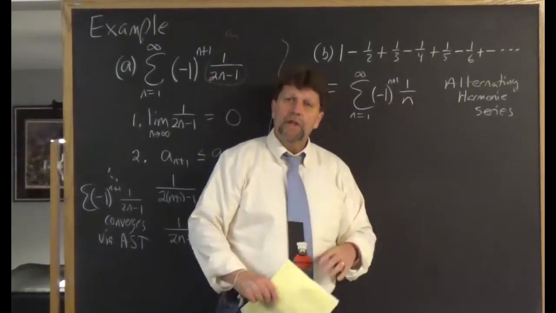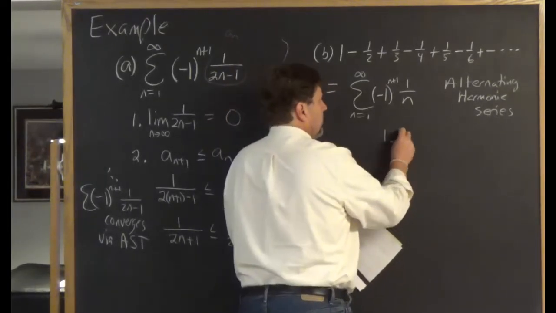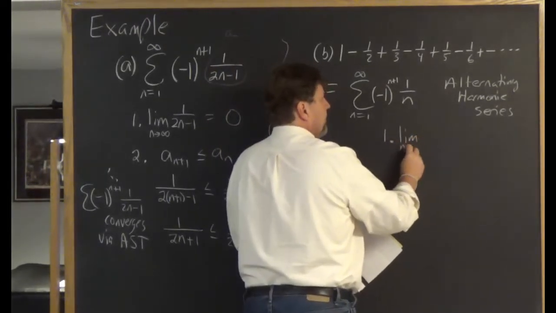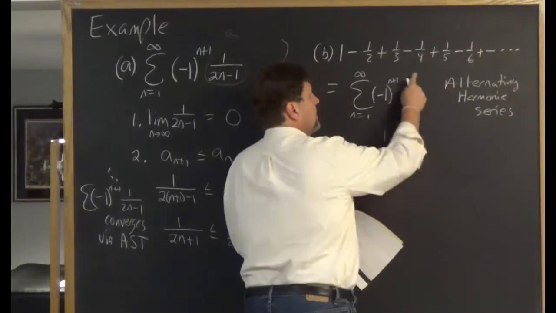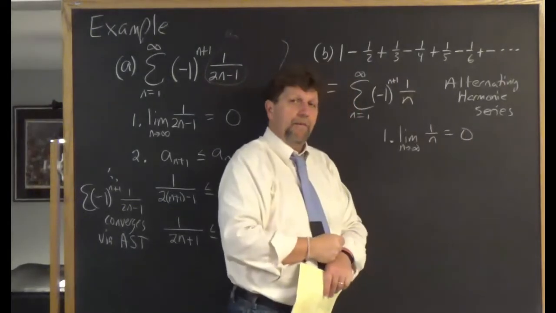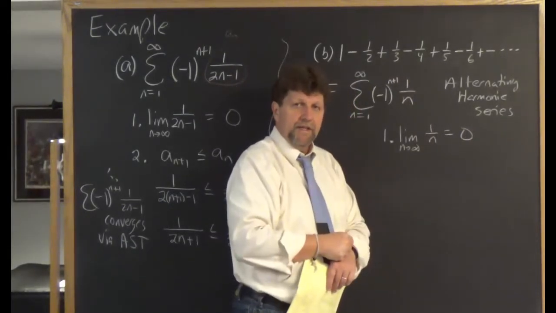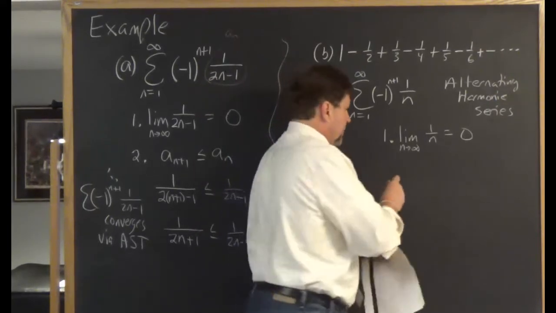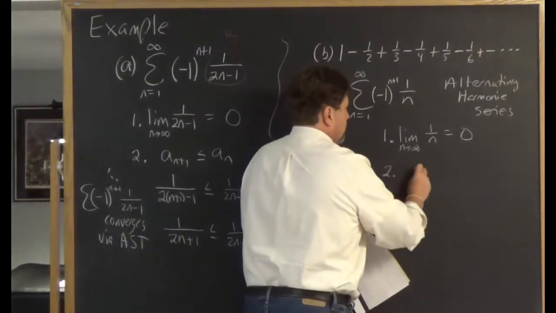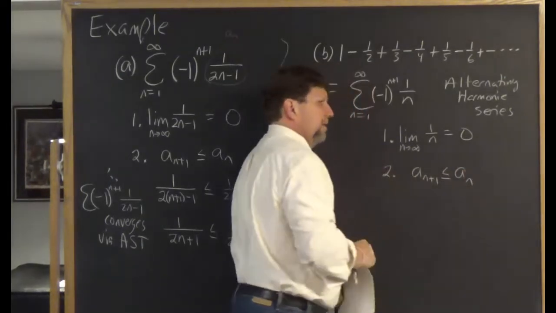We crank it through the alternating series test. Part 1: the limit as n goes to infinity of a sub n. We know that limit is 0, so it satisfies the first condition of the alternating series test. Condition 2: is a sub n plus 1 less than or equal to a sub n?